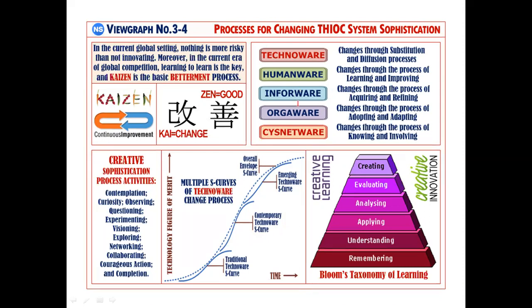Humanware, infoware, orgaware, sysnetware, they change through continuous improvement, using the important Japanese criterion, continuous improvement. But technoware, being specific and special, changes through a process of successive S curves.